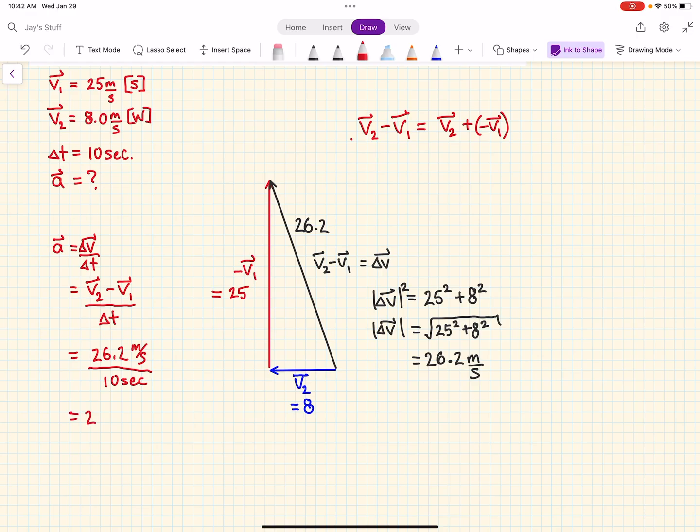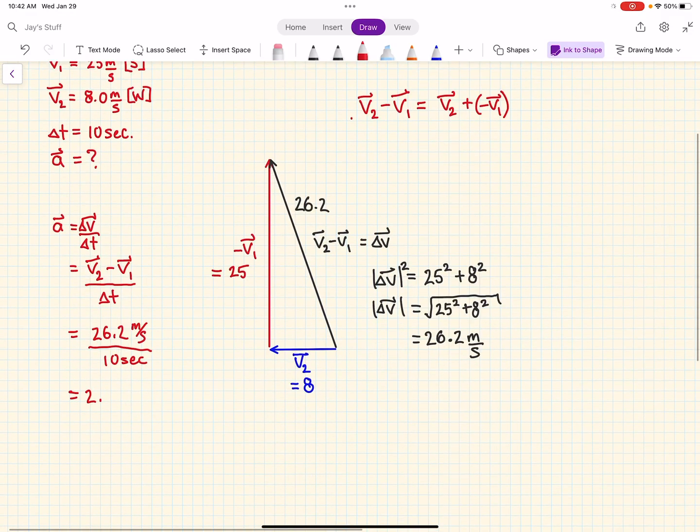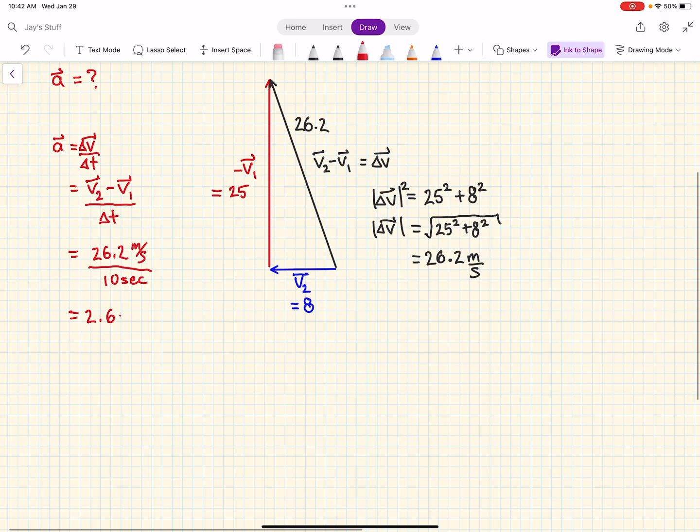So we're going to get 2.6 meters per second squared. That's going to be the magnitude, but now we need to figure out the direction.